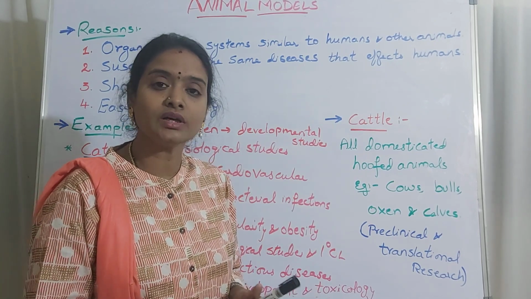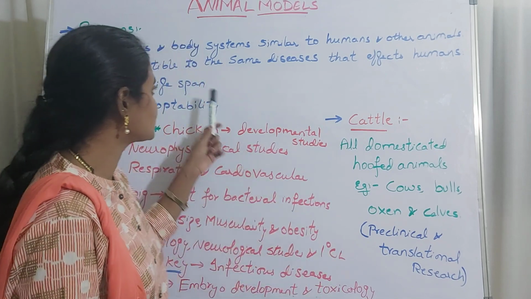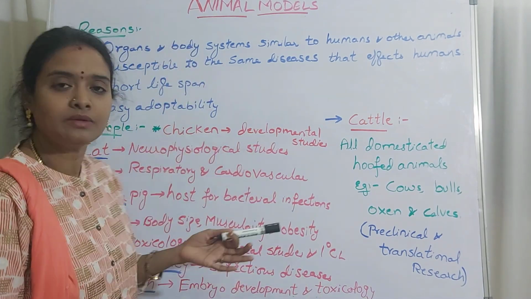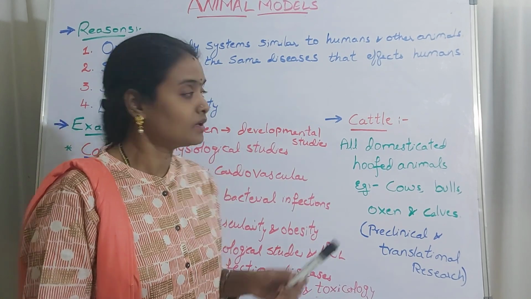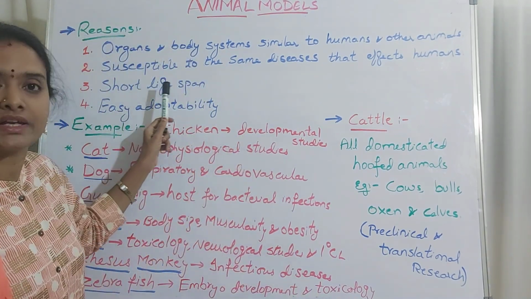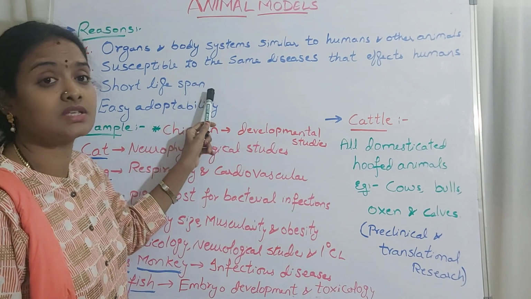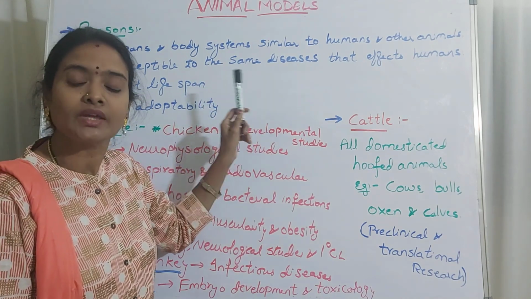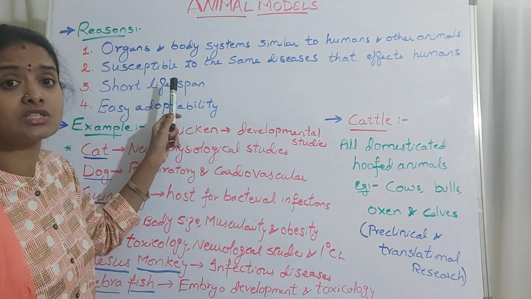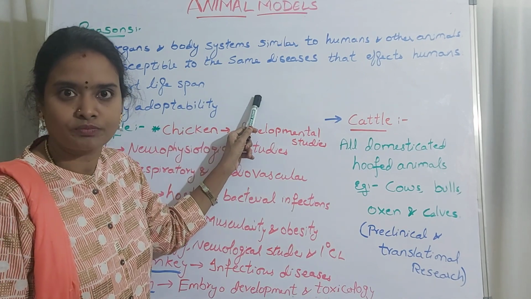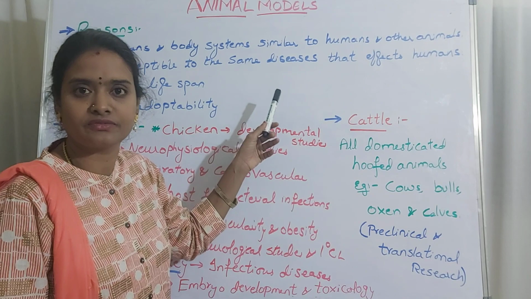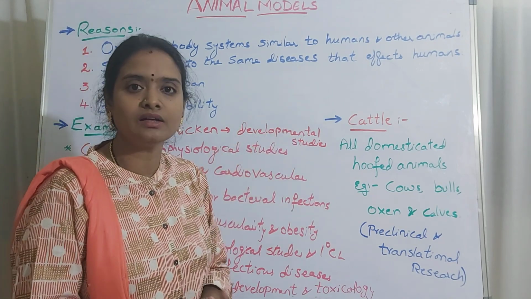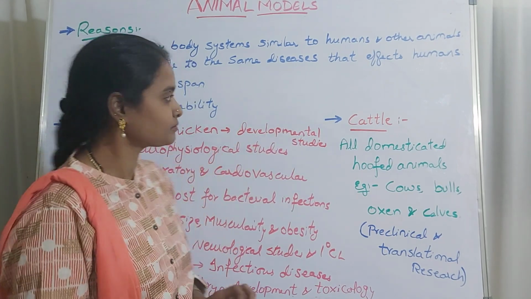So you have to choose an animal whose lifespan is short, that is 6 months or 1 year. When the lifespan is short, you can do research for its complete lifetime, and also on the progeny. That is, the number of generations, the progeny F1, F2, F3 generations, can be studied within a short time.